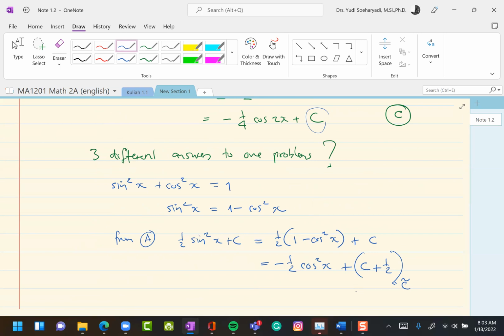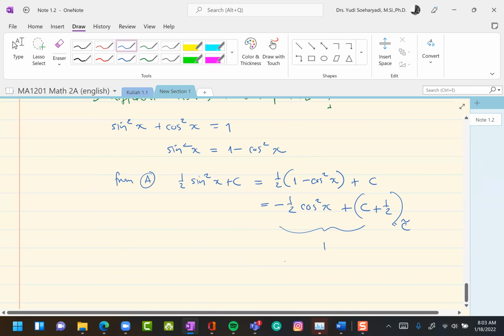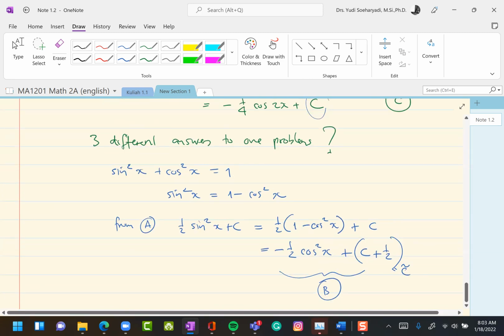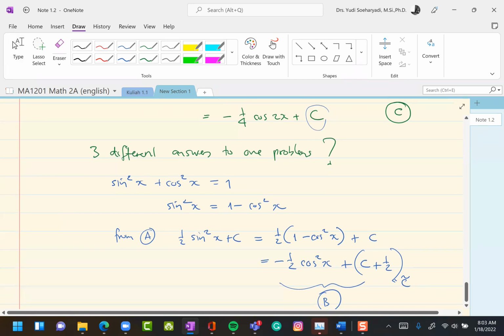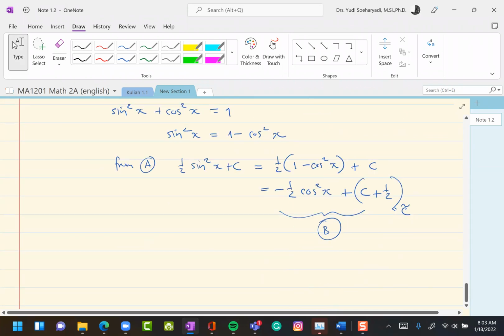So basically these are answer B. They are the same, just different by a constant.